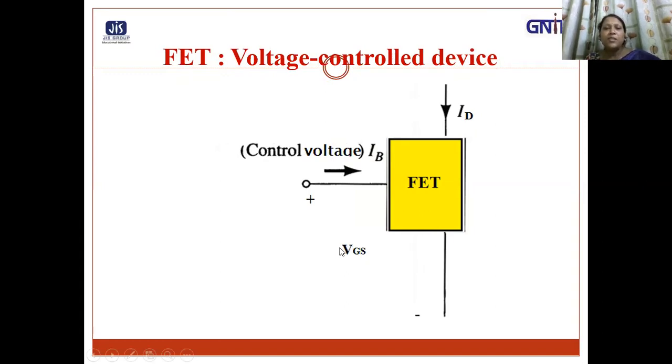But FET is a voltage controlled device. As we have seen in our earlier lecture, VDS and VGS, these voltages are actually controlling the phenomena of JFET. That's why this is called a voltage controlled device.